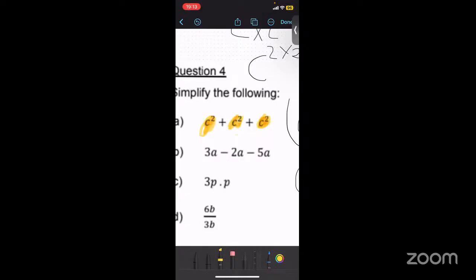One grape is equal to c to the power of 2, and this one is equal to c to the power of 2, and this one is equal to c to the power of 2. So you have one grape, two, three grapes. That means you add 1 plus 1 plus 1, which gives you 3. We said c squared is the grape, so you have 3 grapes. This is the number of grapes. Do you get it?